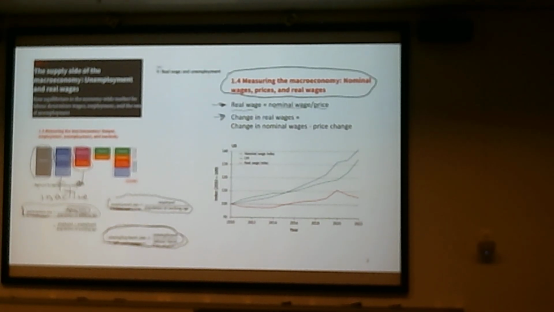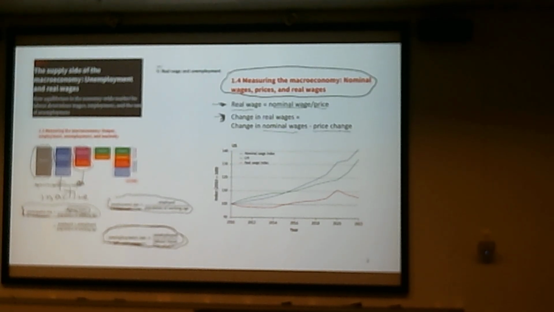The change in the real wage is the change in nominal wage minus the price change, for instance using the consumer price index to measure inflation. Then you can look at how the purchasing power changed, for instance, during a year.